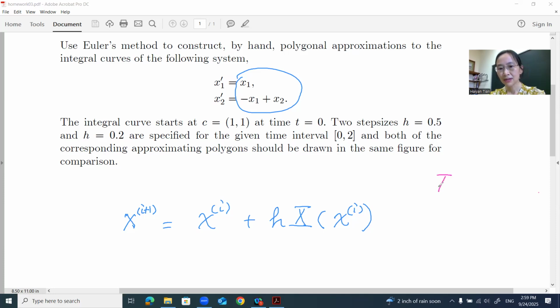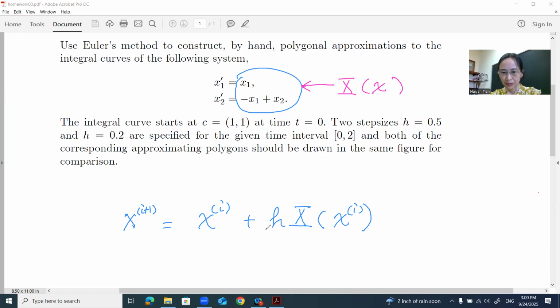The reason is a lowercase x. See this part, this is our capital X, which depends on each component of the x vector, right? x1, x2.